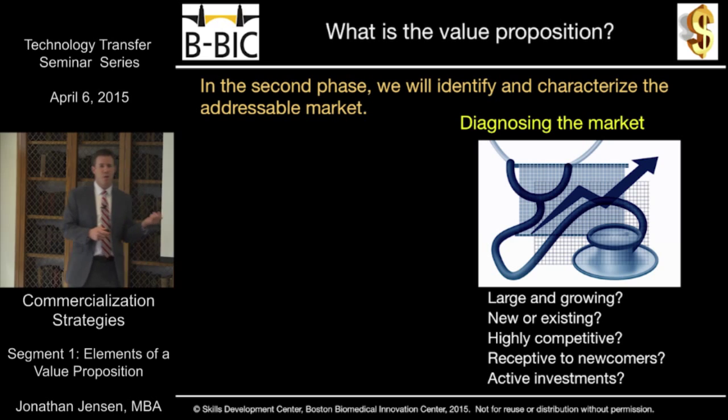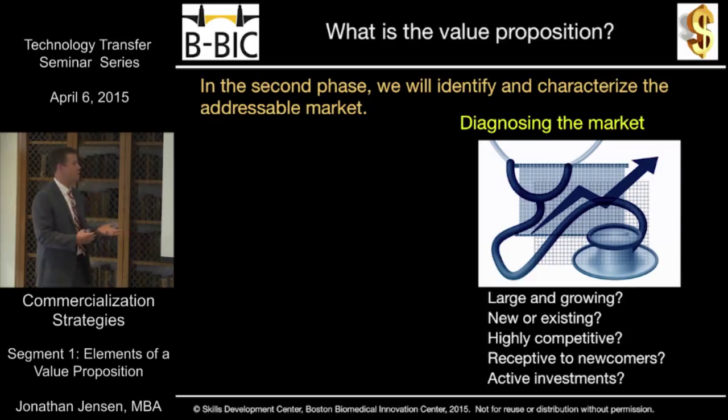So maybe you have a sense for what ballpark you're playing in, how big the overall market is and what the addressable market is inside of there. And then, of course, that can be affected by whether it's a new market, whether it's growing, how crowded the market is, things like that.